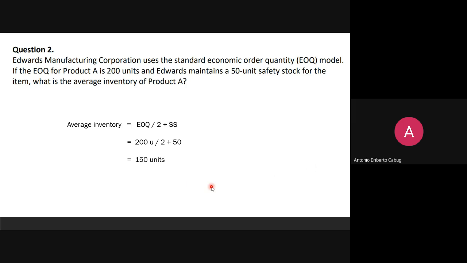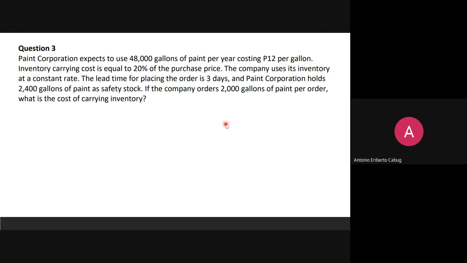Yung ibig sabihin ng safety stock, hindi yan gagalawin ha. Yung safety stock na yan, nandyan lang siya. So yung average inventory mo is 200, 0, 200, 0. That's 100. Pero meron ka pang 50 na hindi mo ginagalaw. So that would be a total of 150 units. Okay? So yun yung formula ha, EOQ over 2 plus the safety stock.